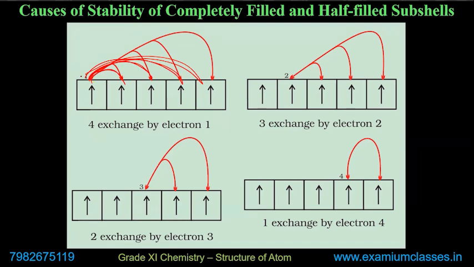And whenever there is any exchange, there is some work done. And during that work done, some energy is wasted. If some energy is wasted, the energy of the system will be lower than the earlier one. Suppose the energy is 10 units and these electrons exchanged their positions because the difference in energy is very low.